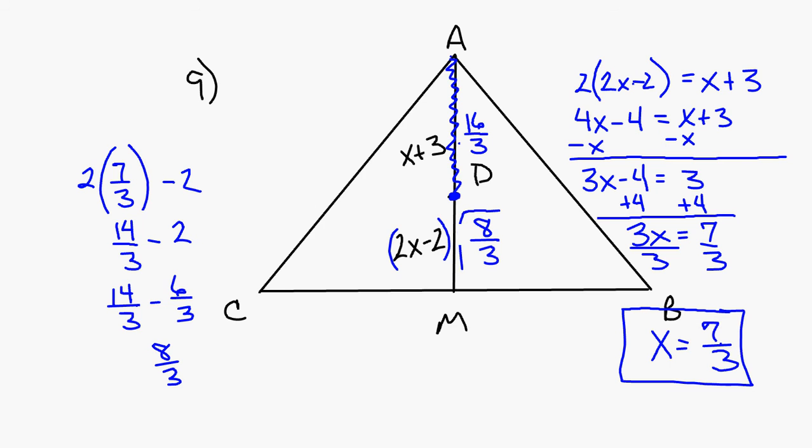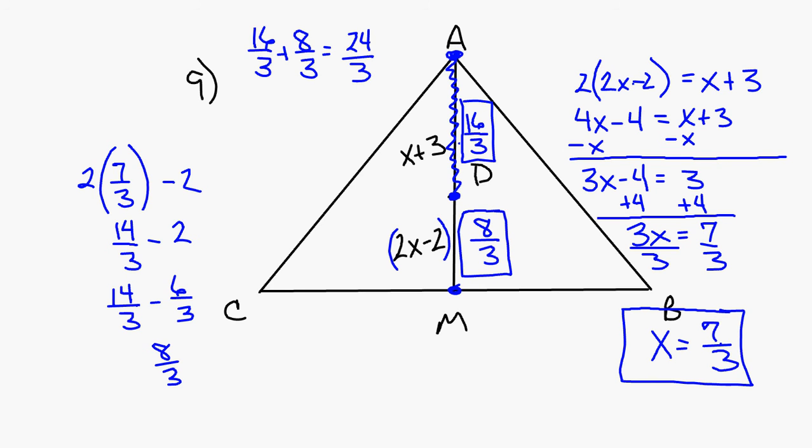If this piece is 5 1/3, okay, that is the same as 16 over 3. If you add these two pieces together, it will give you the distance from A to M. So 16/3 plus 8/3 equals 24/3.